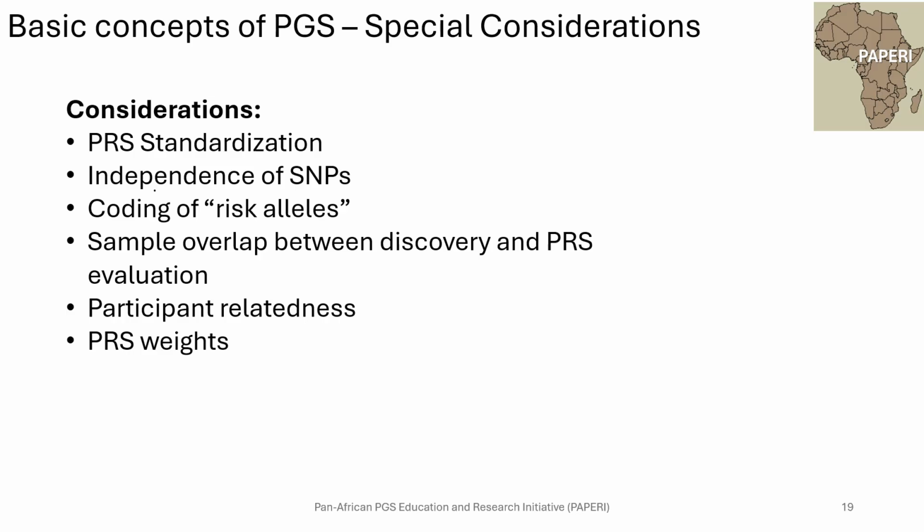The second consideration is the independence of single nucleotide polymorphisms included in your polygenic risk score. It is important that each single nucleotide polymorphism that goes into your score contributes unique genetic information, right?